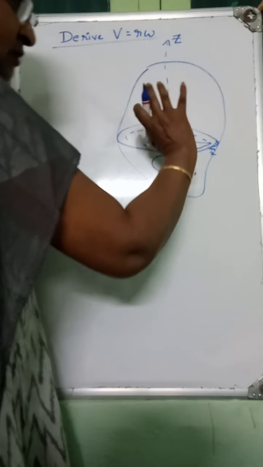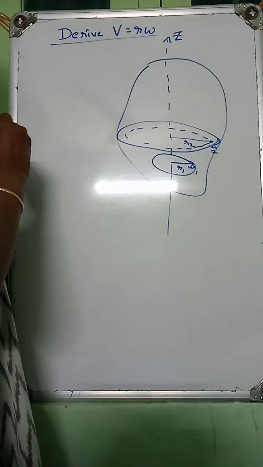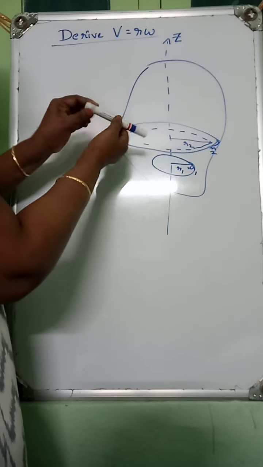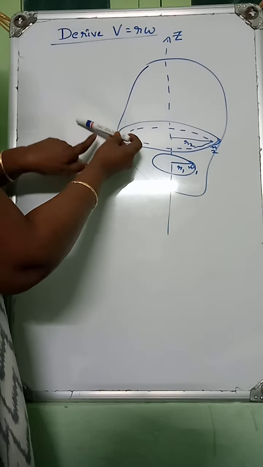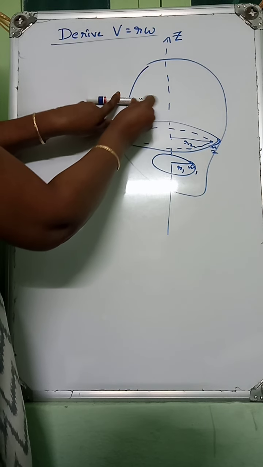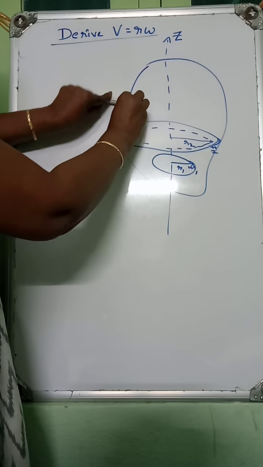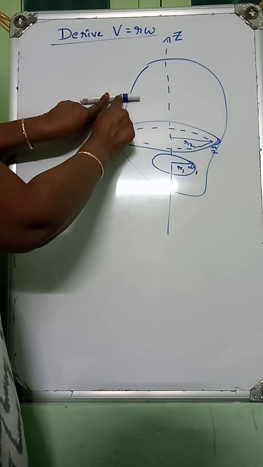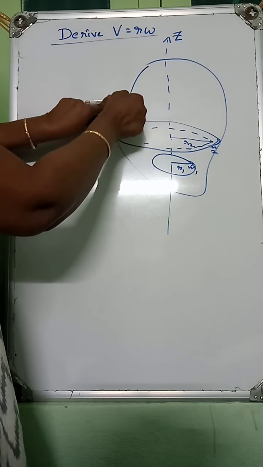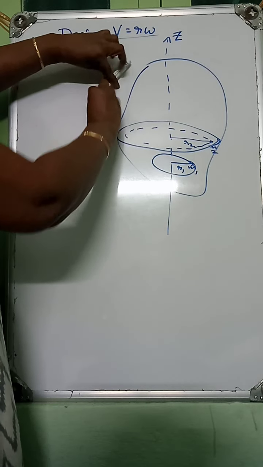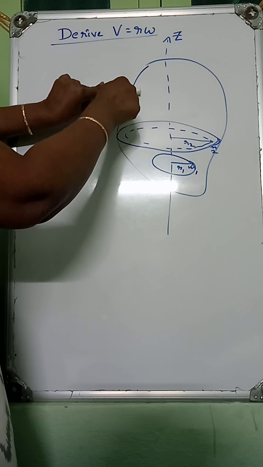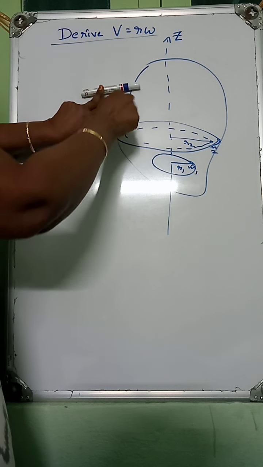So if the object completes one rotation, each and every particle in this body also completes one rotation. Observe this red mark and the blue mark. If the body completes one rotation, the red mark also completes one revolution and the green mark also completes one rotation.